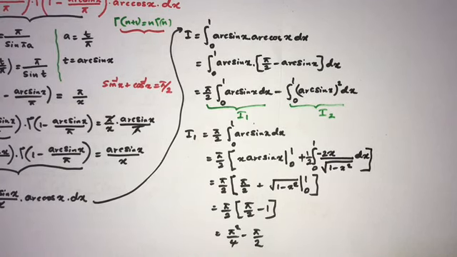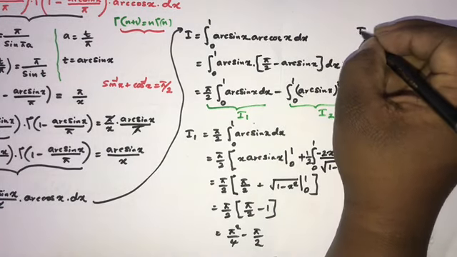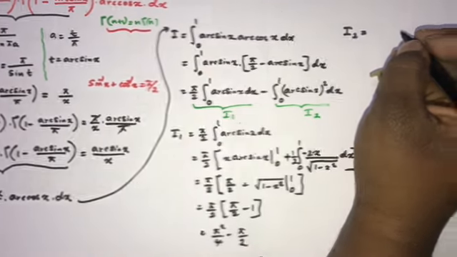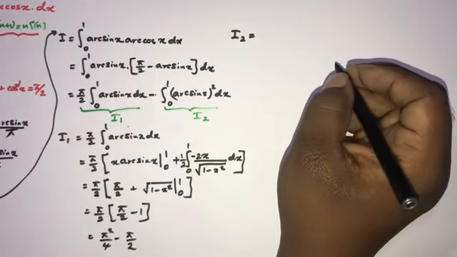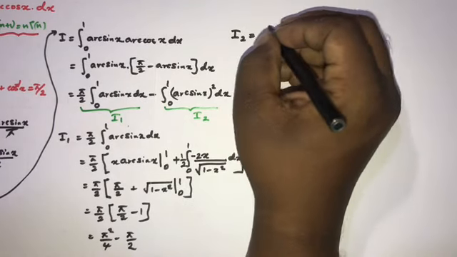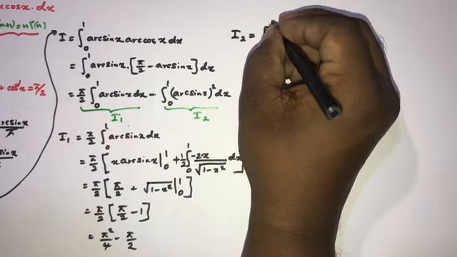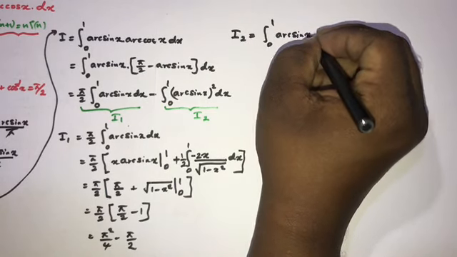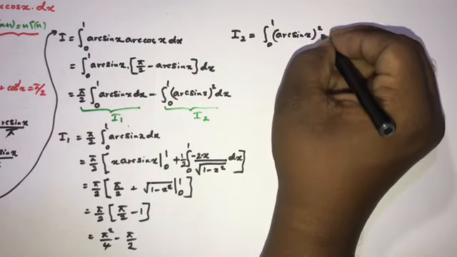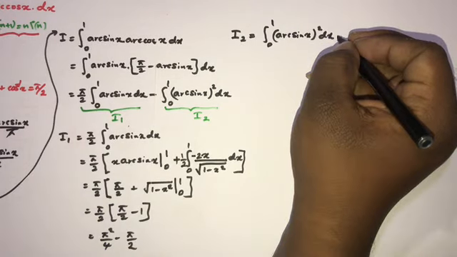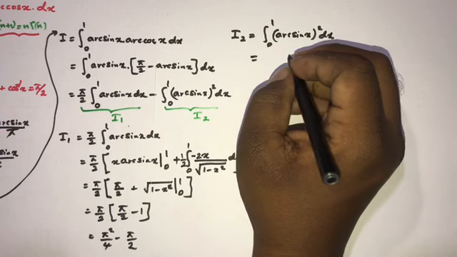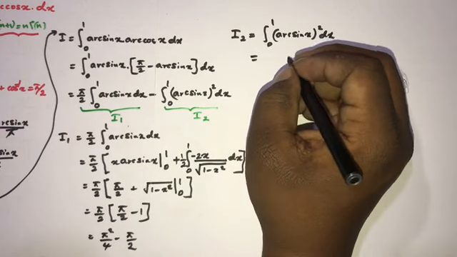Well, then we are going to evaluate I2. So we know I2 is equal to the integral from 0 to 1 of arcsine of x square dx. Well, now we can again integrate using the integration by parts method.